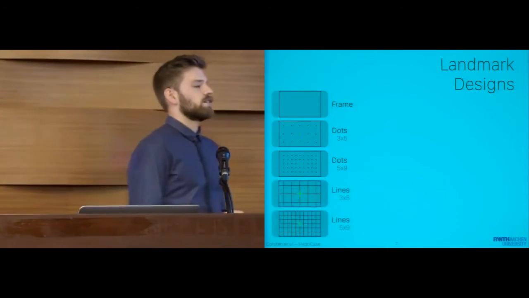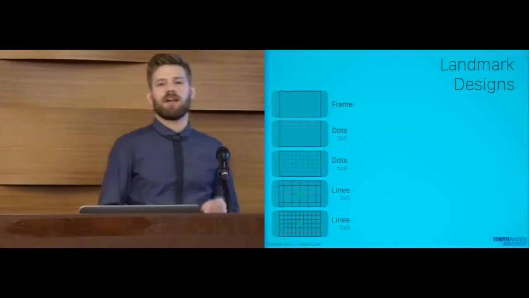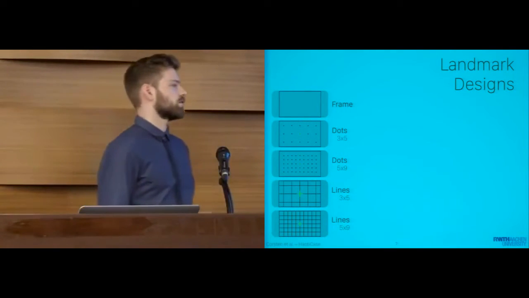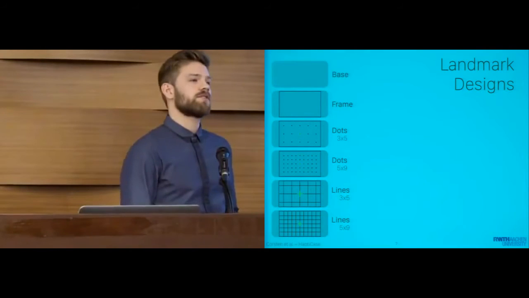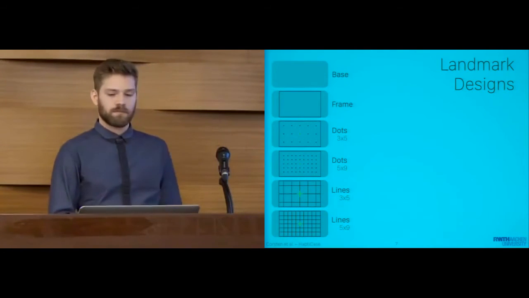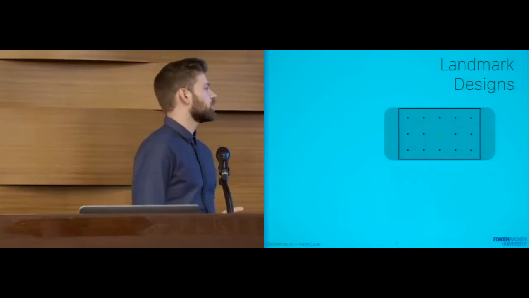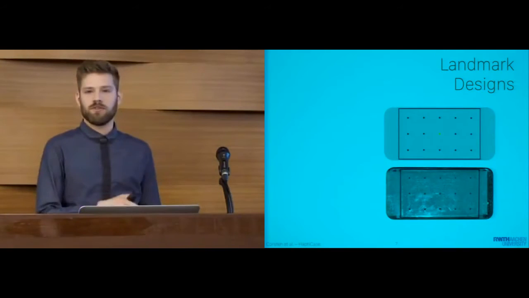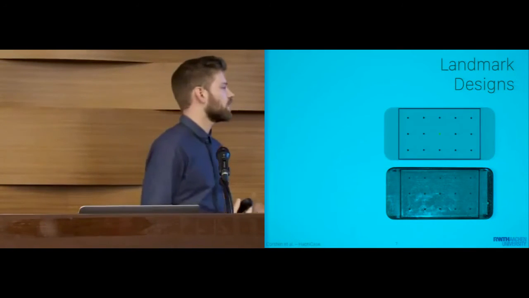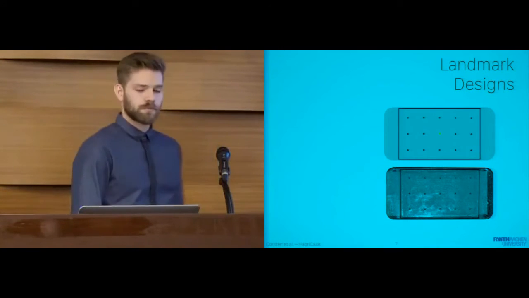And we also looked at continuous lines, where each crossing of a line is the same position as a dot in the dots design. And of course, for comparison, we also had a completely flat back, which we call the base condition. So we manufactured these cases in a laser cutter and put them on a protection case. We used acrylic sheets just engraved such that only the tactile landmarks were sticking out here.